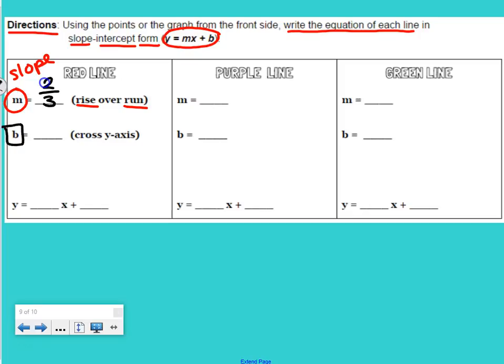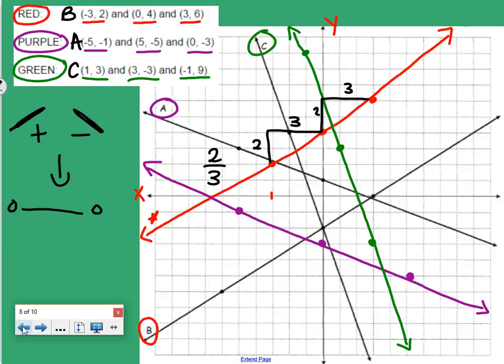B, where do we cross the y-axis? If we look at our red line, we find our y-axis, which is right here. Where does our red line cross the y-axis? Right here, and that's at the point 4. This is 1, 2, 3. This right there, that's 4.